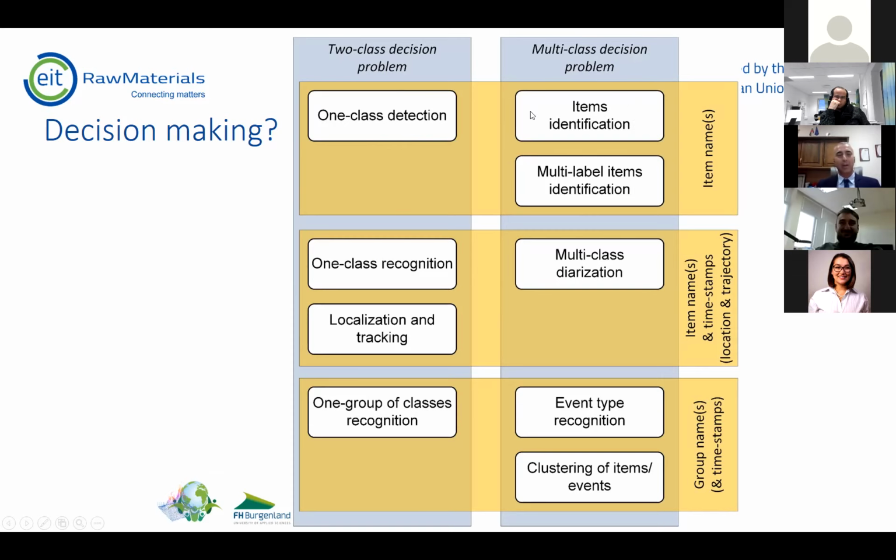We could have identification of multiple objects or multiple events, and sometimes we have multi-label items. That means that the same object can have different tags depending on the perspective that you are looking at it. And if we stay in the two-class decision problem, we can have either a detection task or a recognition task.